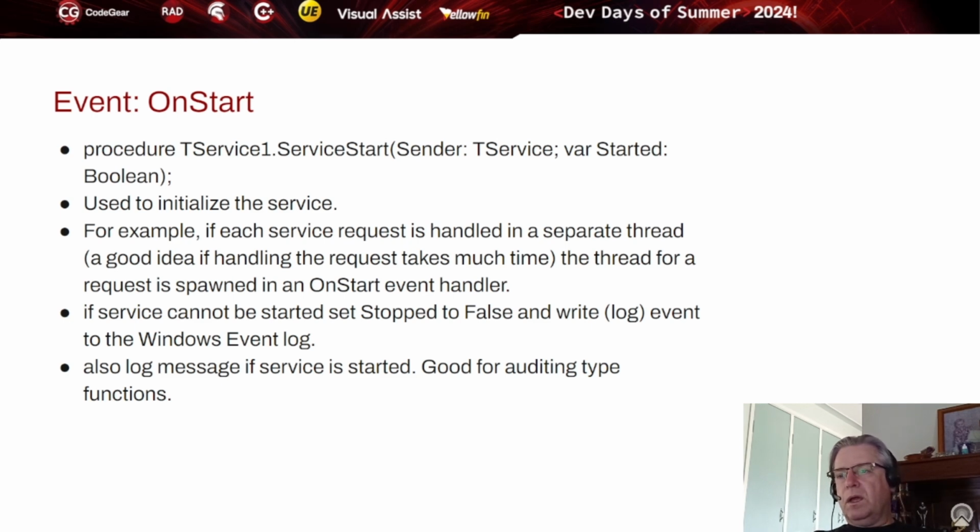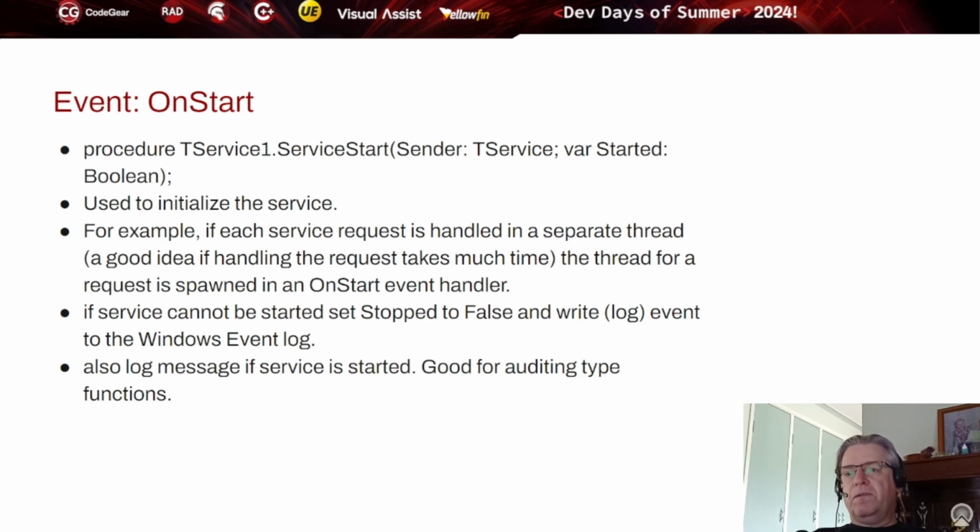Just to give you an example of this, let's say I'm writing a service which, again, we're talking about data capture, shall we say. We might create a thread which handles that particular task, and the creation of that thread and maybe the starting of that thread would be done in the onStart event.